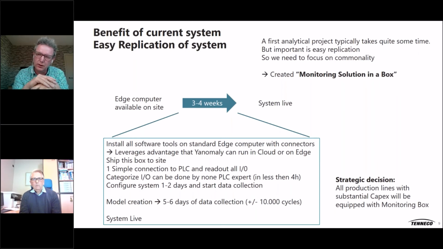But what is important is that we find the trick to replicate quickly. So commonality of what we are developing is key, and that's what we see that we have now.